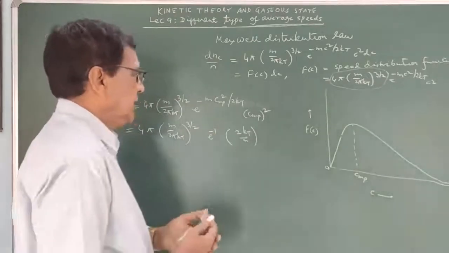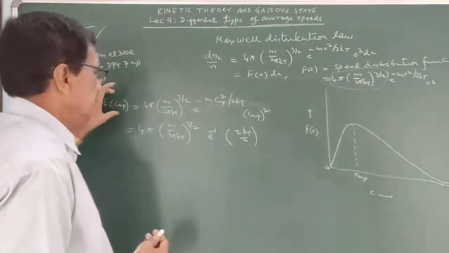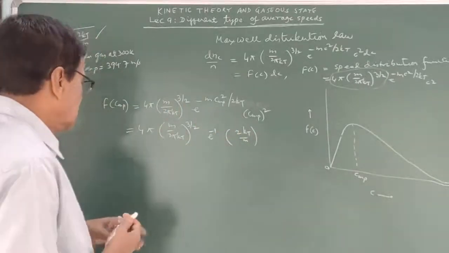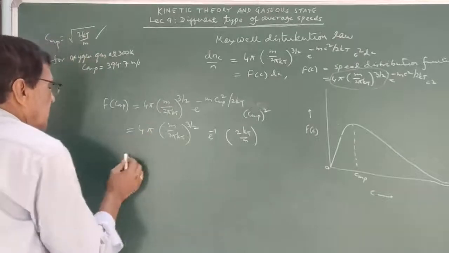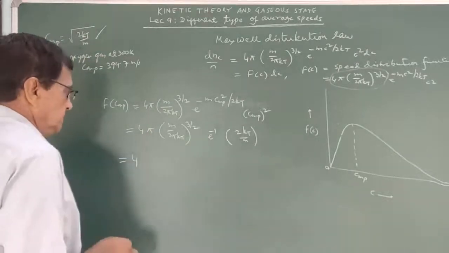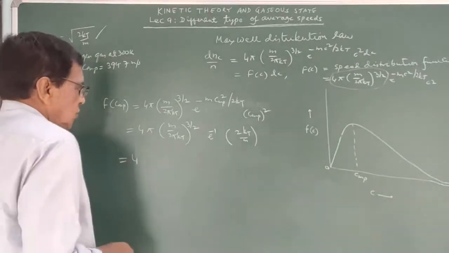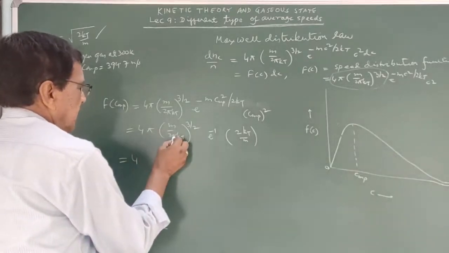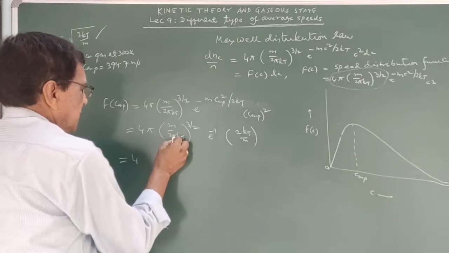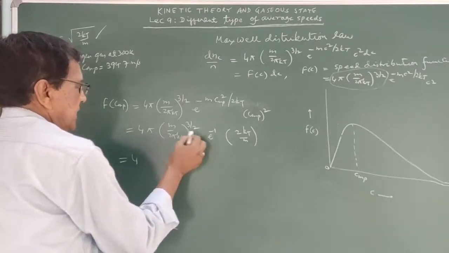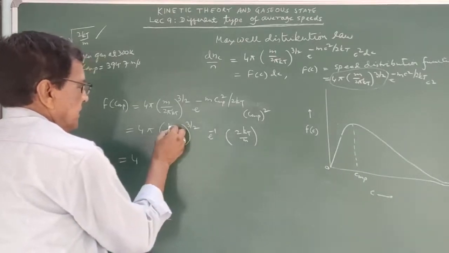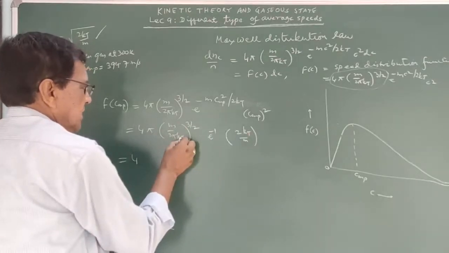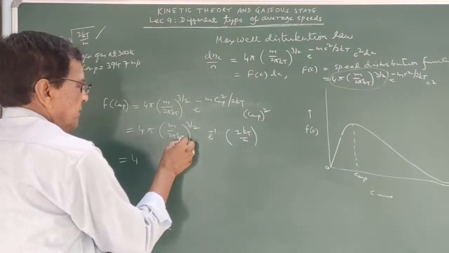If we keep the variation of C_MP with temperature, keeping all other factors constant, then we have 4 and pi means pi to the power half, m to the power half, kT to the power half.